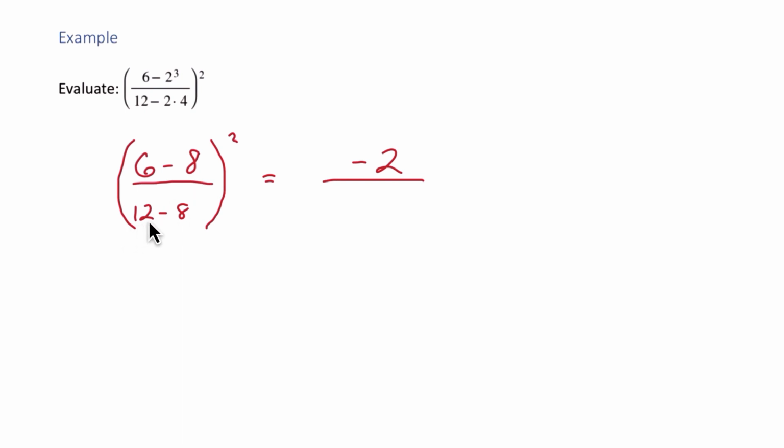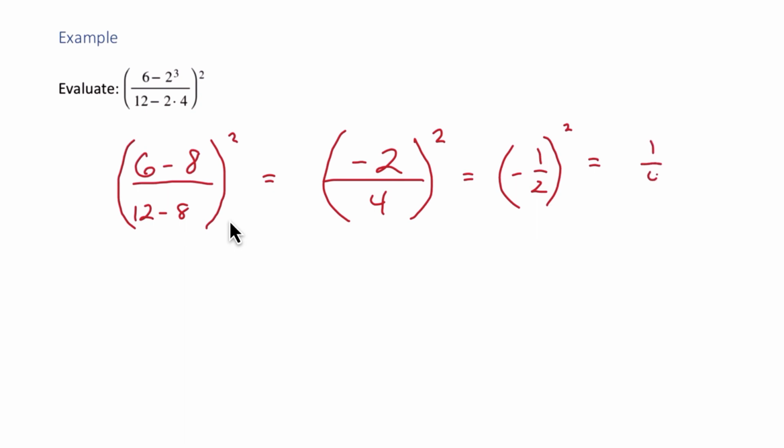And in the denominator, 12 minus 8 is 4. All of that is being raised to the second power. Negative 2 divided by 4 is negative 1/2, still being raised to the second power. And now that we've finally simplified completely inside the parentheses, we can now square that negative 1/2, giving us positive 1/4.